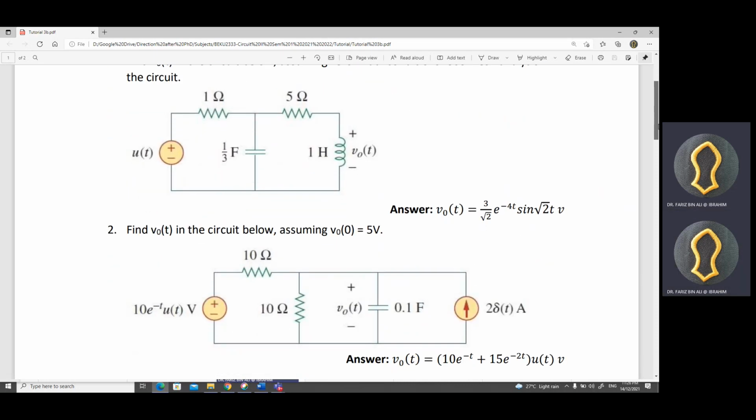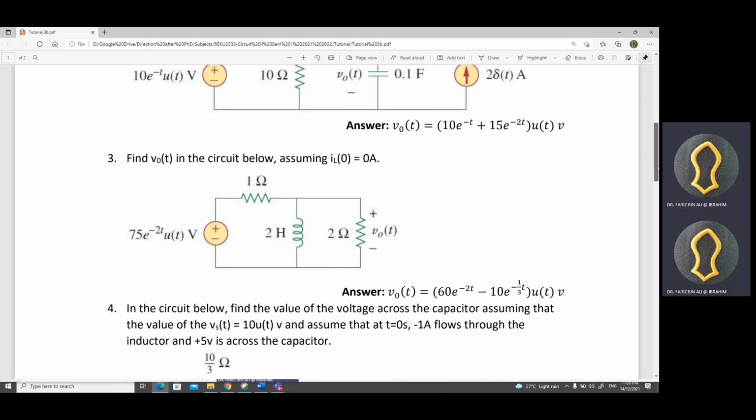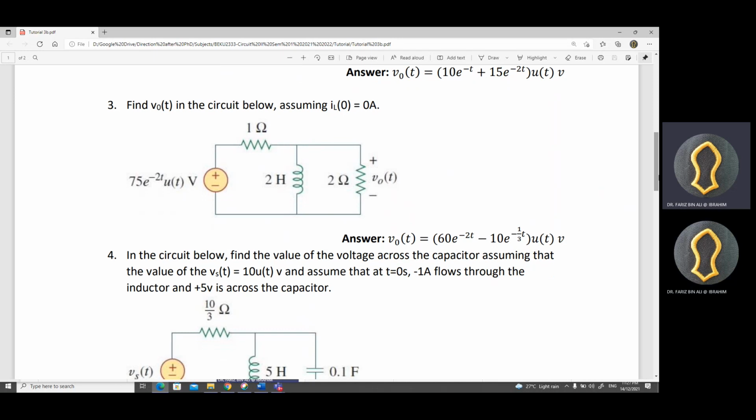Okay, so we have discussed question 1 and question 2. Now what we are going to do is question 3. Before we do, Laplace is very simple, where we know that Laplace is a tool where we can convert from time domain to S domain. So when circuits are given to you, what you have to do is convert everything to S domain.